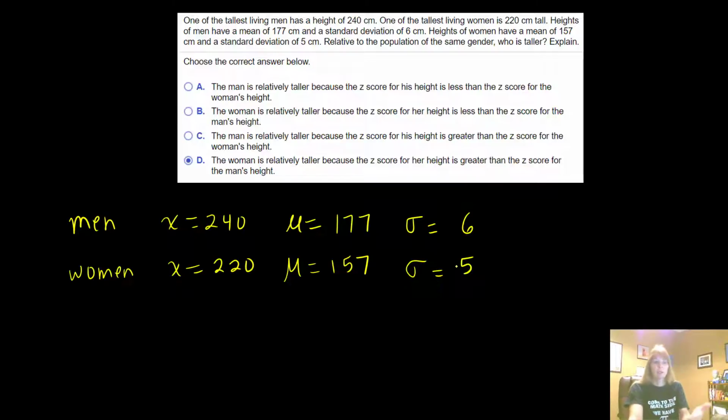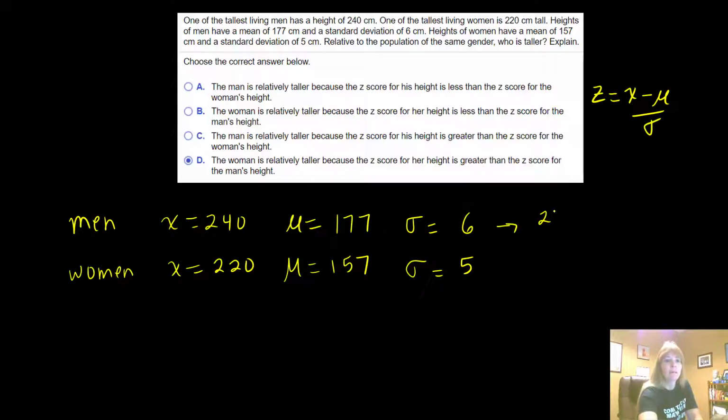So basically you can see by the answers here that you're going to compare these, figure out who is taller by looking at the z-score. So seeing who has the larger z-score. Remember the z-score, let me just write the formula here, is the data value minus the mean divided by the standard deviation.